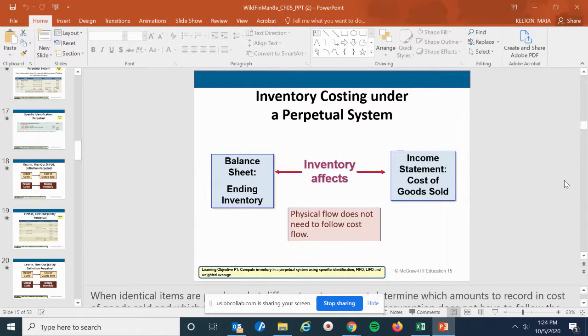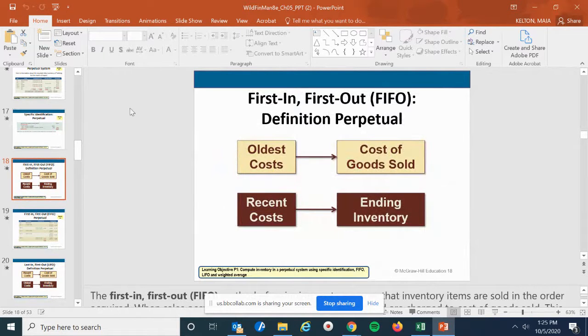Remember, when it comes to inventory costing, the physical flow of inventory does not need to follow the accounting flow of inventory. So let's look at first in, first out. You probably already noticed that I'm skipping specific identification.